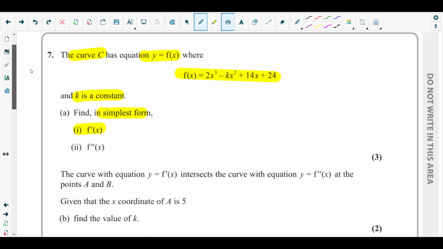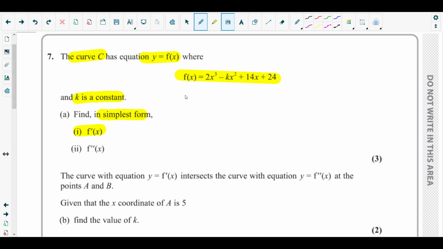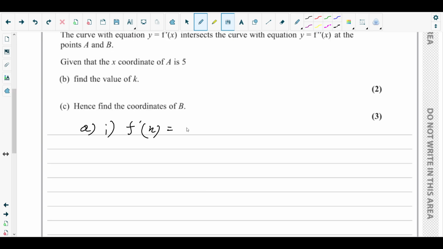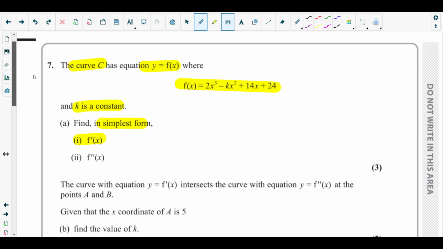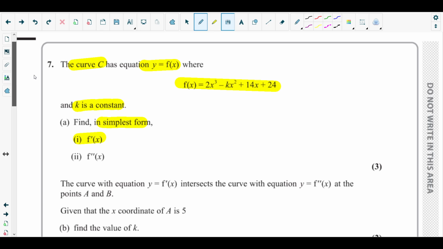For differentiation, we multiply the coefficient of the variable by its power. Here the power of x is 3, so 3 times 2 is 6, and since it was x cubed, we subtract 1 from the power, so that would be x squared.